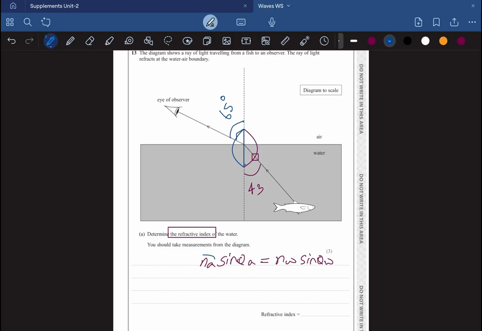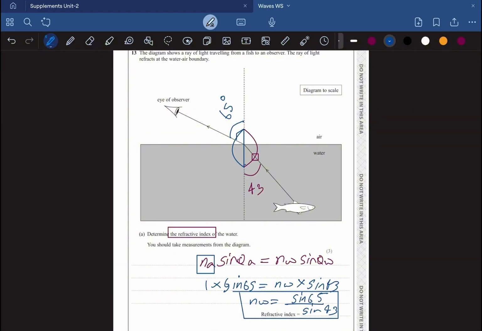So the refractive index of air is 1 into sin theta 1, which is sin 65, equal to the refractive index of water into sin 43. So the refractive index of water is sin 65 divided by sin 43. I'm not going to calculate this value for you; you should be able to divide it and get your answer.